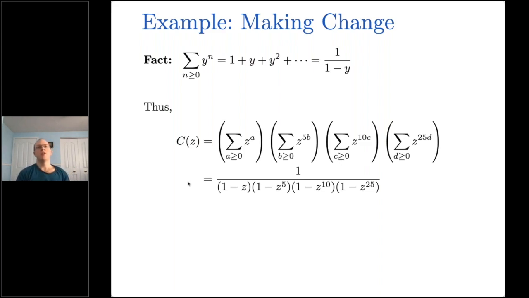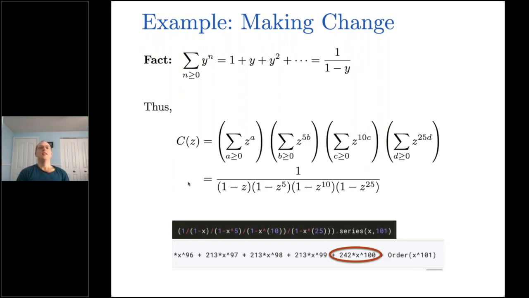The second term in the product is the same thing, but I set y equal to z to the power of 5, so I get a 1 minus z to the 5 in the denominator of my rational function. Then I set y equal to z to the 10, y equal to z to the 25. So the generating function of this combinatorial class is this rational function. And again, this encodes how many ways I can make change for n cents.